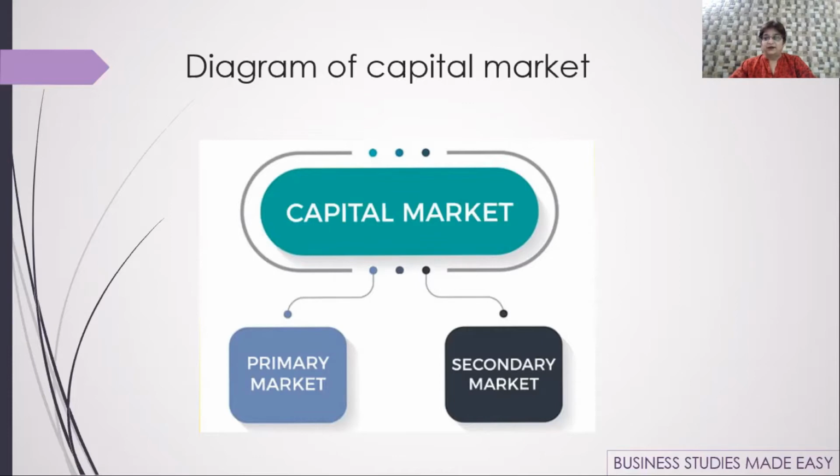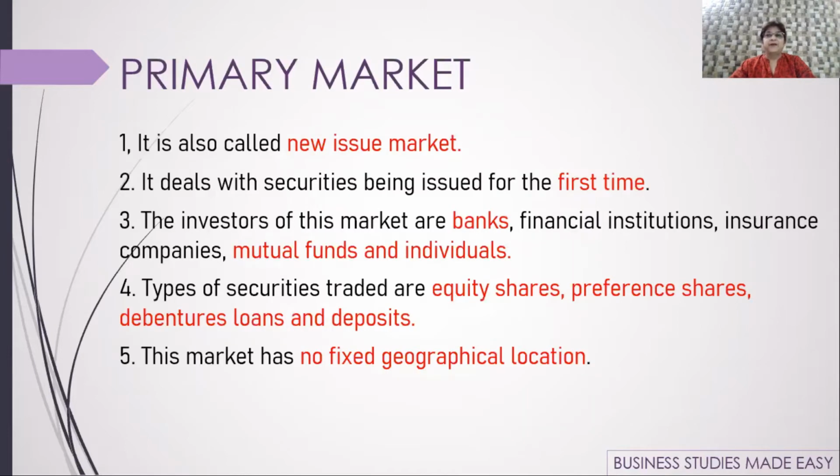So let's start with the primary market. A primary market is that market where the companies sell their shares for the first time. So when the company wants to raise finance, directly they sell their shares in the primary market. So it's also called new issue market. And here the securities are being sold for the first time. And here again, because it's a part of the financial market only, we have banks and mutual funds and even individuals.